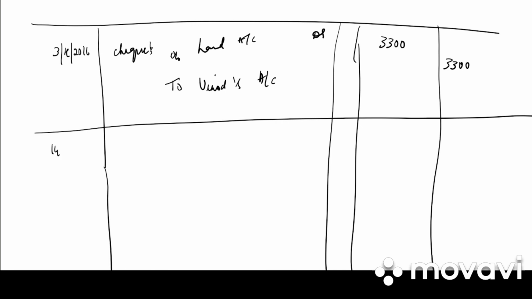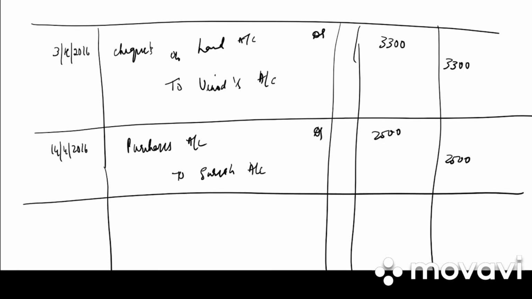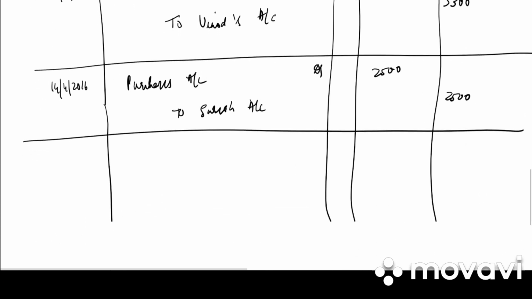Next we have 14th April. Credit purchases. So purchases account debited to Suresh's account. 2,500 debit, 2,500 credit. Goods purchased from Suresh on credit.